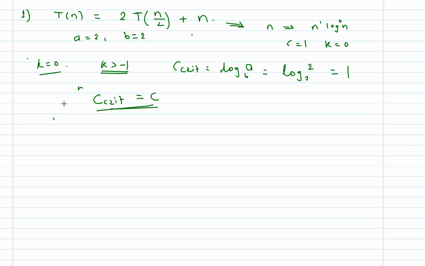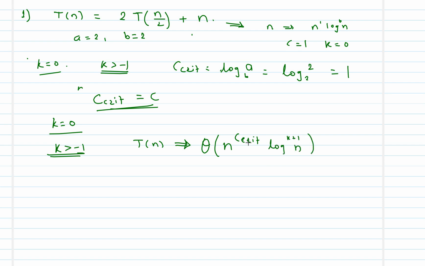Under case 2, if we compare with this n to the power 1 log to the power 0 n, we get K equal to 0, and this falls under K greater than -1 category, where the complexity of T of n will be represented by theta of n to the power C critical log of n to the power K plus 1.